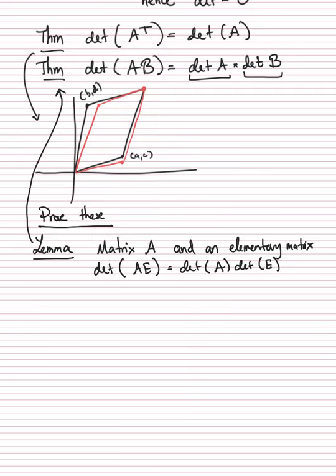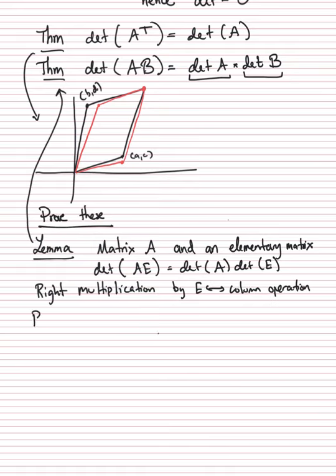Notice, I should say this is right multiplication. We saw left multiplication by elementary matrices when we were doing row operations. Right multiplication by E corresponds to a column operation.